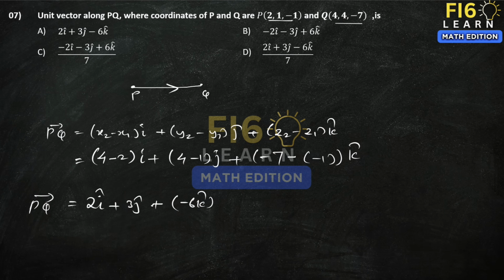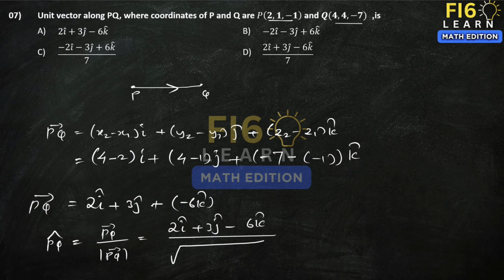So this is the actual PQ vector, and we need to find the unit vector along this direction. I'm naming that PQ cap. To find the unit vector, we have to divide the PQ vector by its own magnitude. I'm rewriting the vector here, 2i plus 3j minus 6k cap, and its magnitude is given by root of 2 square plus 3 square plus 6 square.